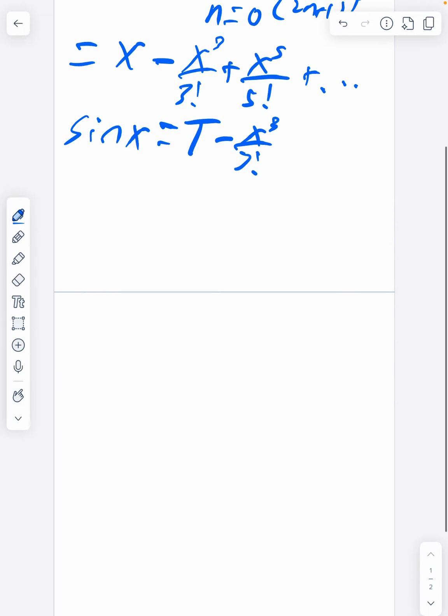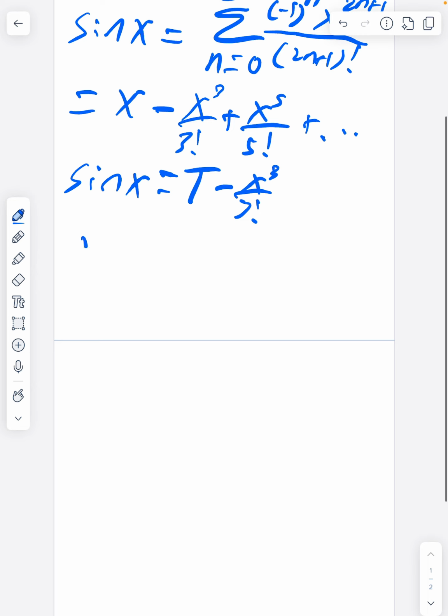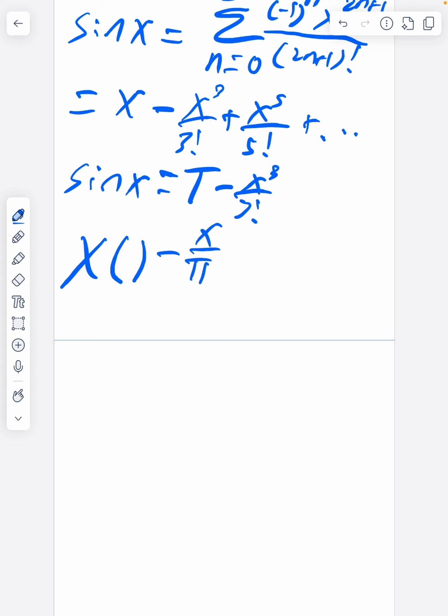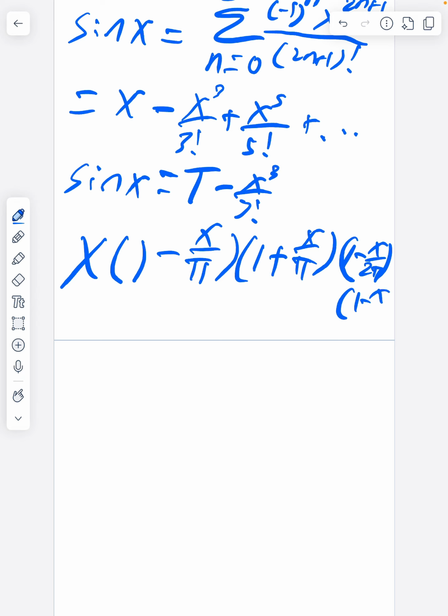So it has a 0 at 0, and then it has a 0 at pi, and it has a 0 at negative pi, and it has a 0 at 2 pi, and it has a 0 at negative 2 pi.